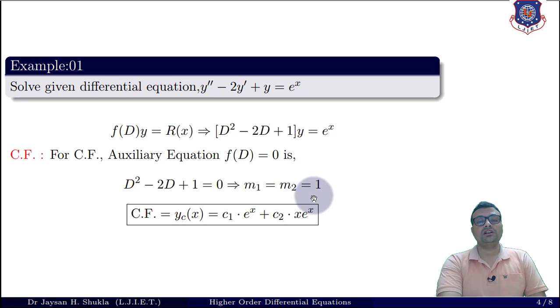These are two real repeated roots of the given auxiliary equation. Now, the complementary function will be (c1 plus c2 x) into e raised to x, which results in c1 e raised to x plus c2 x e raised to x.